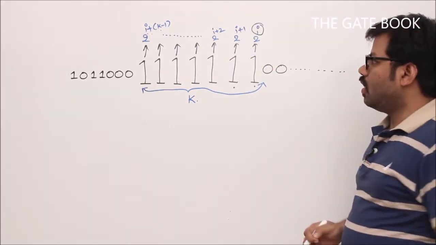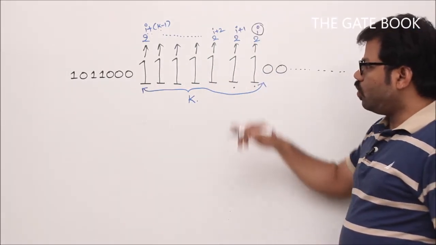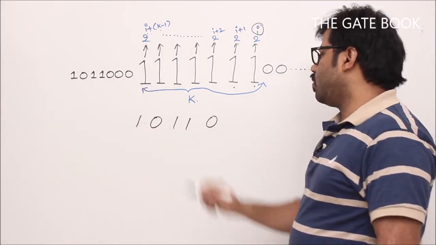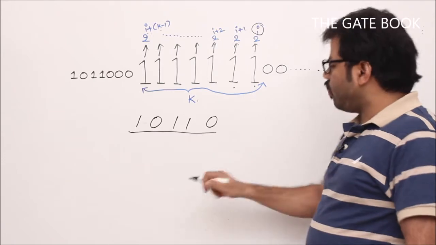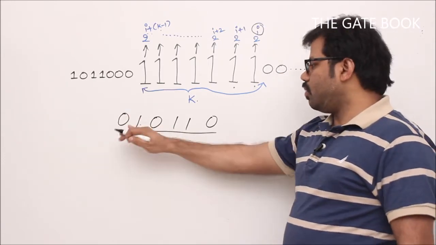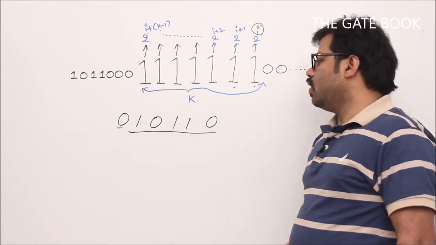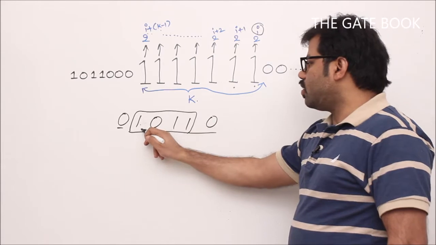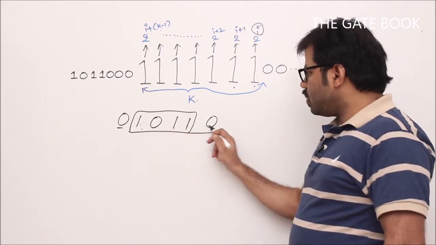Now, whenever you have a number like 1 0 1 1 0 something, what is the value of this number? Forget about whether it is negative or positive. First, assume that this is a positive number, which is why I added 0. I would like to ask you, what is the value of this 1011? Will it depend on the 0 and 0 around it?